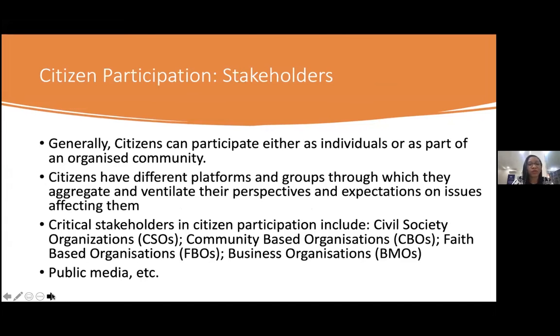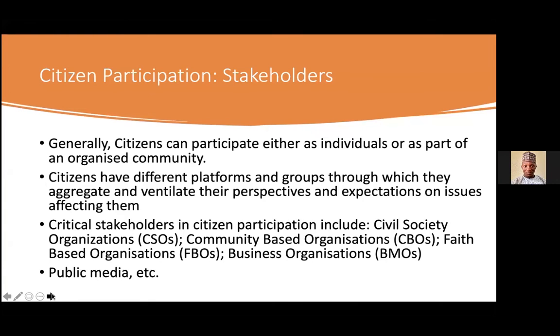Then moving to the next slide. Stakeholders: I want to talk about citizens' participation. Really, who are we talking about? All of us. Participation can occur as an individual, or individuals can participate as part of an organized community. Citizens often have different platforms through which they organize and engage the legislature.